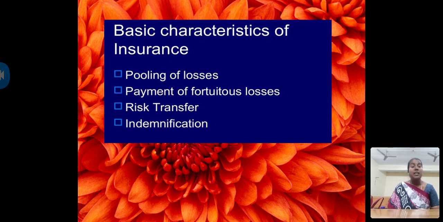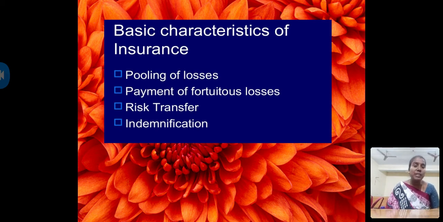Next one is risk transfer. I will give you a small example. In your class there are 60 students. For the benefit of your class, you collected 100 rupees from each person.